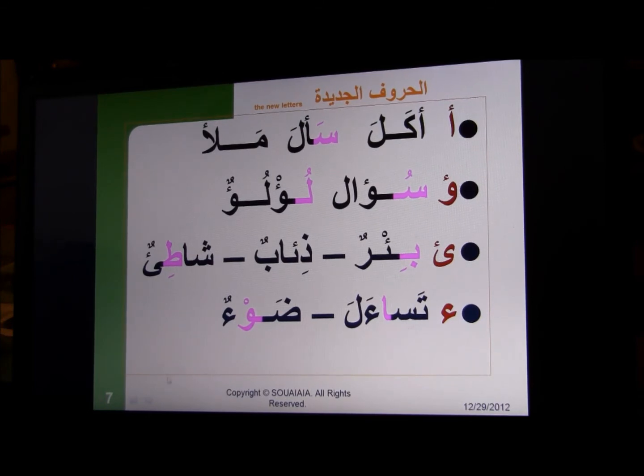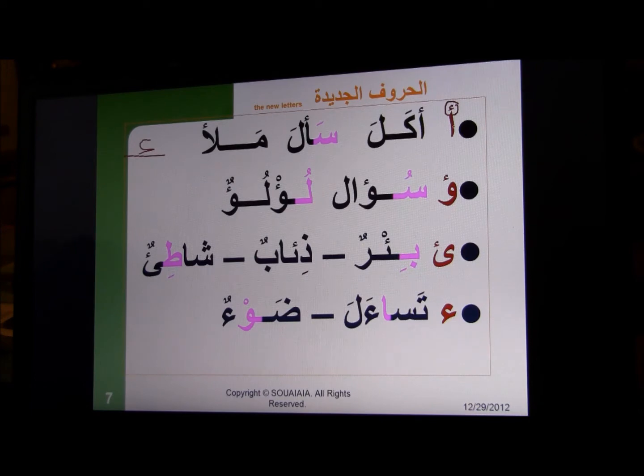This Hamza is really like a parasitic consonant. It sits on the line by itself, just like so. But in many cases it will take other letters as seats. So here, for example, it may sit on top of the alif. And it will not acquire the sound of the alif or the waw or the ya.